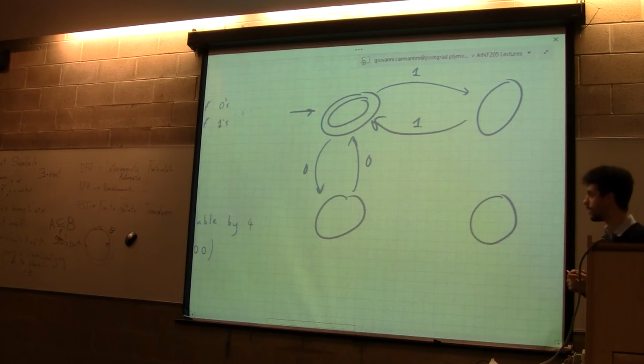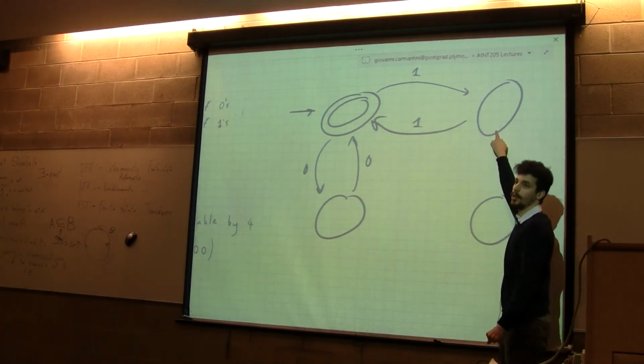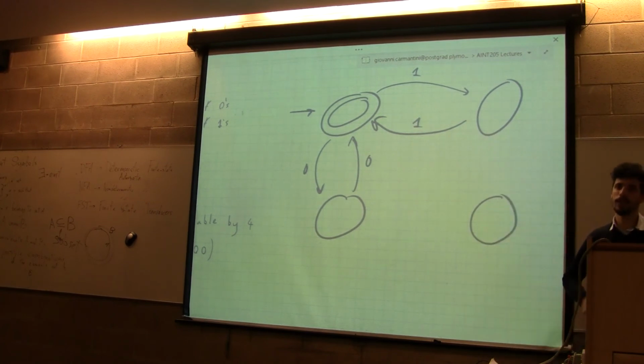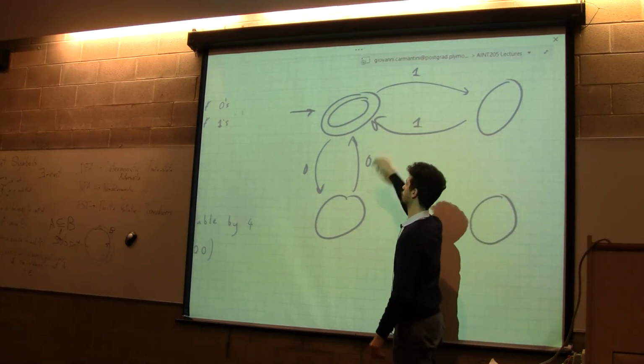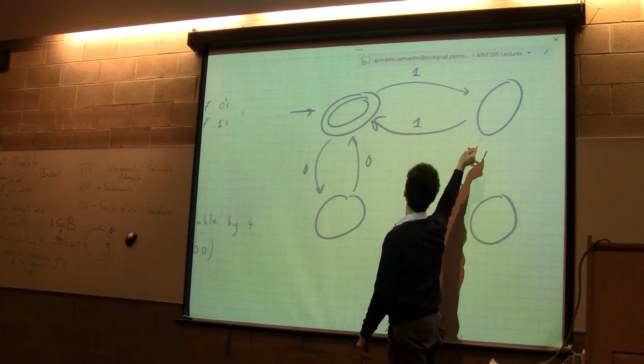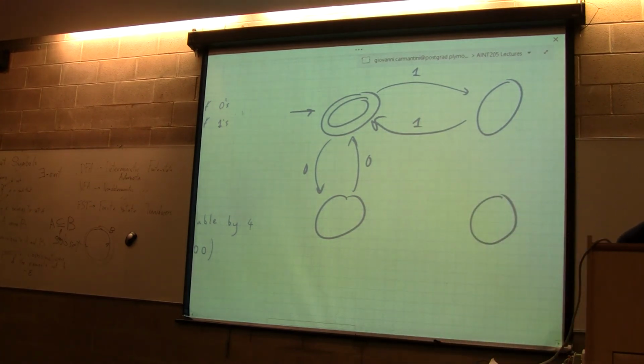But actually, here I could be adding zeros to the string. Okay, so not all strings are just 1 1 1 1 0 0 0 0 or 1. Okay, so from here you do have a transition. You do have to have a transition with a 0, right?